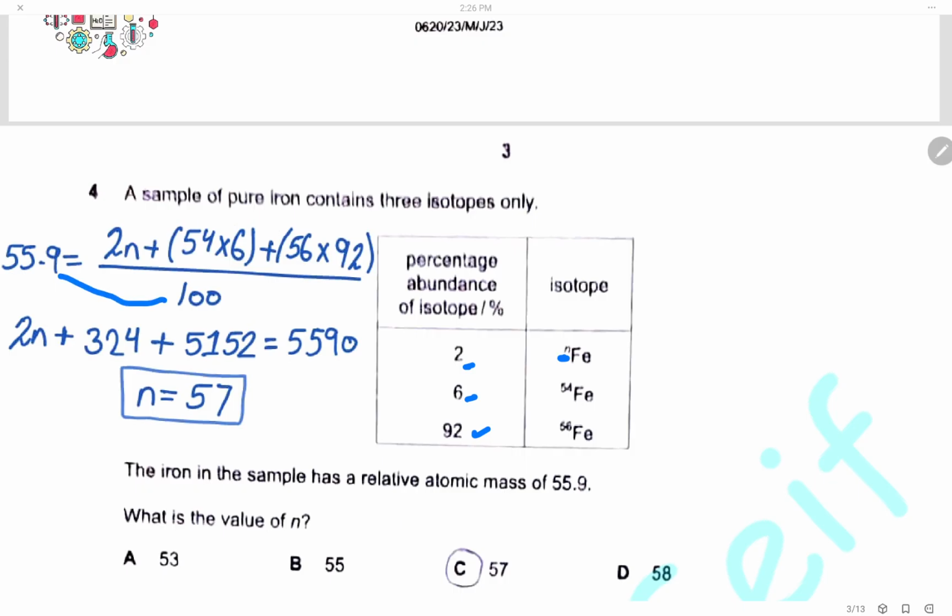So we will multiply 100 by 55.9 and then subtract these two numbers from 5590 to get the value of N, which is 57. So the relative atomic mass for the first isotope, or the value of N, will be 57, and the answer is C.